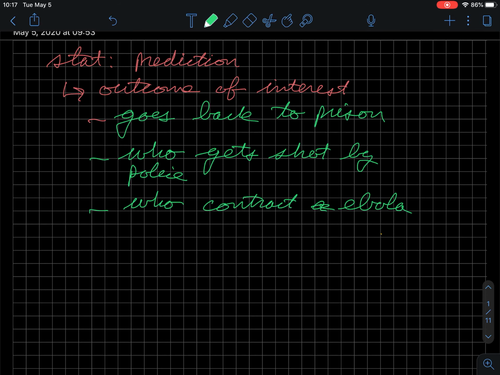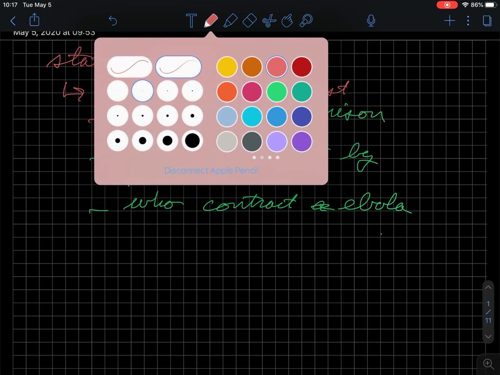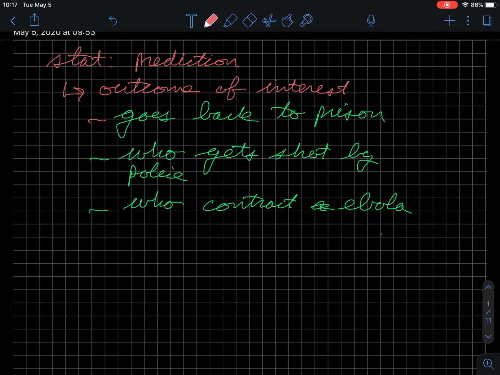So those could all be different outcomes, right? And we use that by trying to find explanatory variables.